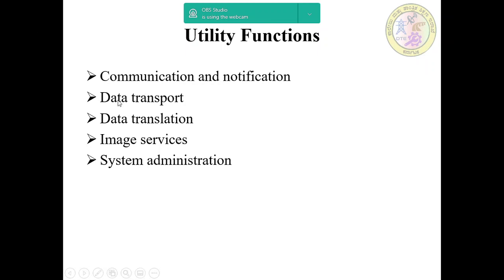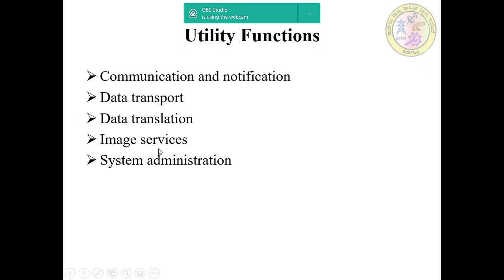And then next we'll go for data transport. Here, data transport provides tools for moving data between systems and to and from the other products. And then next one is data translation. Here, data translation provides access to tools that translate data between applications and formats for various display and output devices.